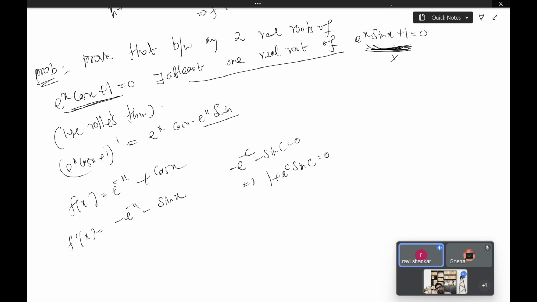No, we are using it, because this f of x you can write like e to the power minus x into 1 plus e to the power x cos x, right? So basically this is the function that was given to us. That's it. Got it? Okay. Sneha, you understand? Yes, sir.